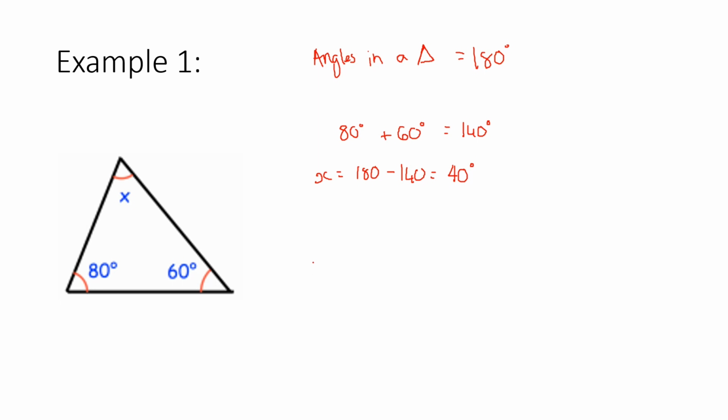Another way you can do it, which is quite straightforward, is you know that a triangle adds up to 180 degrees. You're given 2 angles, so you're going to subtract 80, subtract 60, and you should get an answer of 40 degrees. Okay, so moving on, just write that in: x is equal to 40 degrees.